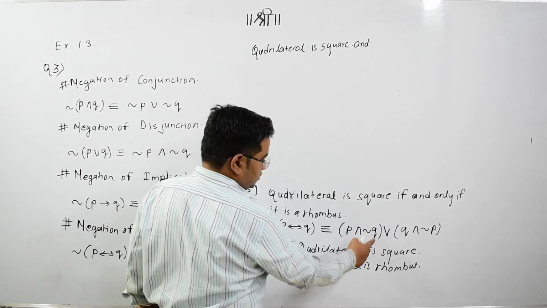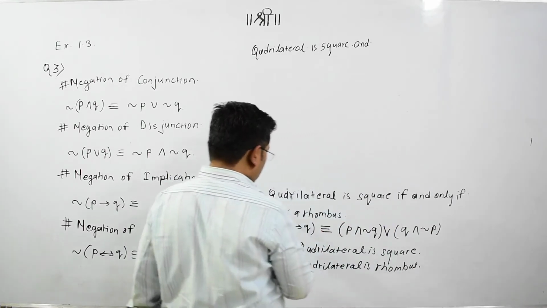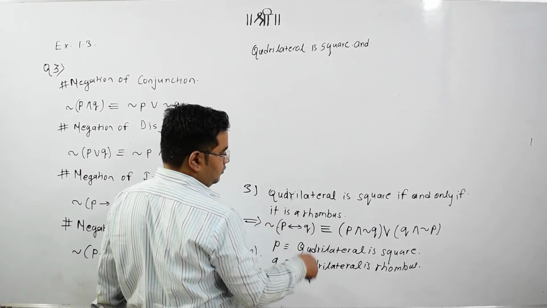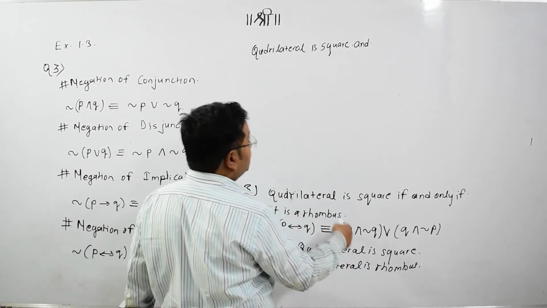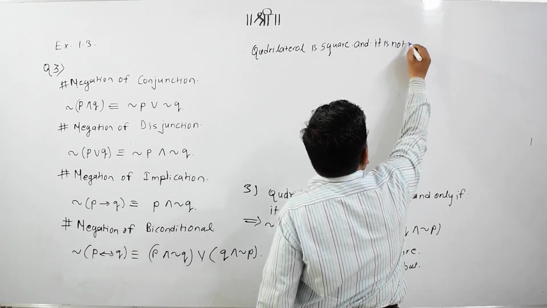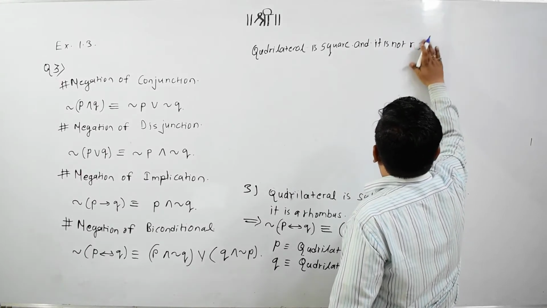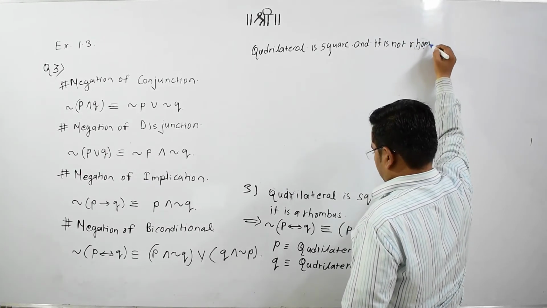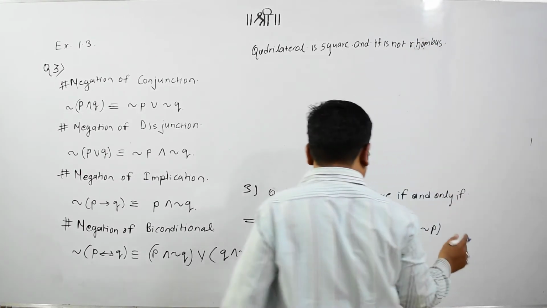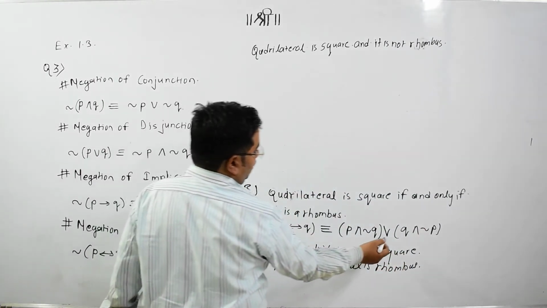What is Q? It is rhombus. So what we need to do, negation of this Q will be, it is not rhombus. Okay, done. Now next step, we need to use this or.